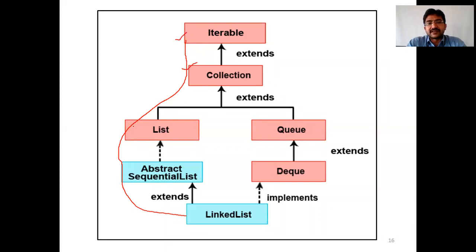Collection is an interface, and List is also an interface. AbstractSequentialList is a class, and LinkedList is a class. So class LinkedList extends AbstractSequentialList, which implements List, which extends Collection, which extends Iterable. This is the hierarchy.